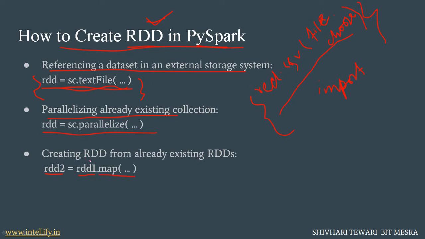Here RDD1 already exists in the background, in the library of PySpark. We call that RDD and collect the particular data with map, and in that case we mention the values of the data set that we want to retrieve.